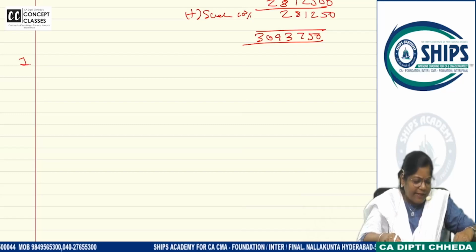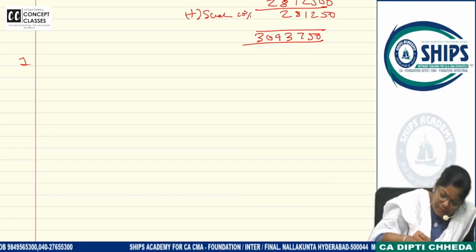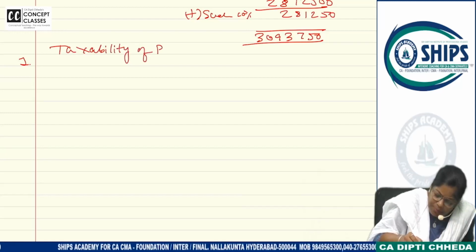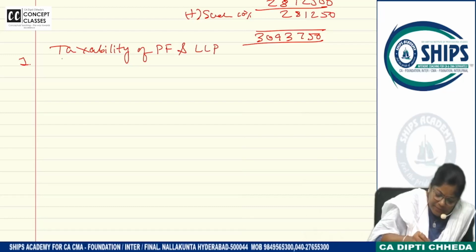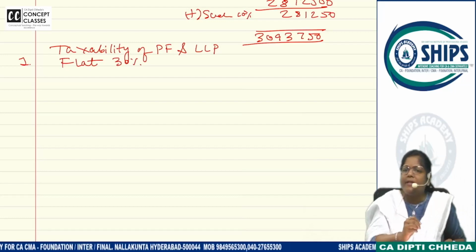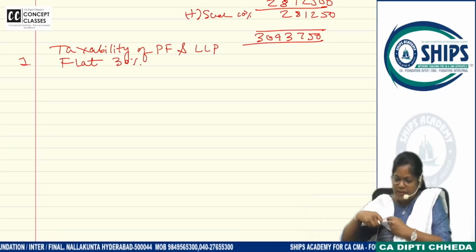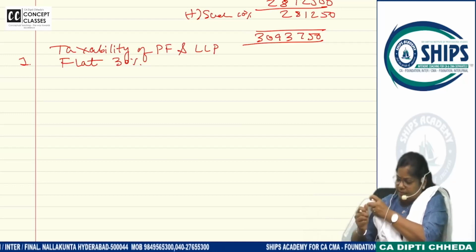First write down the heading. Taxability of partnership firm and LLP. Flat 30% is your point 1. Don't just copy the point. If you don't understand, then ask me.